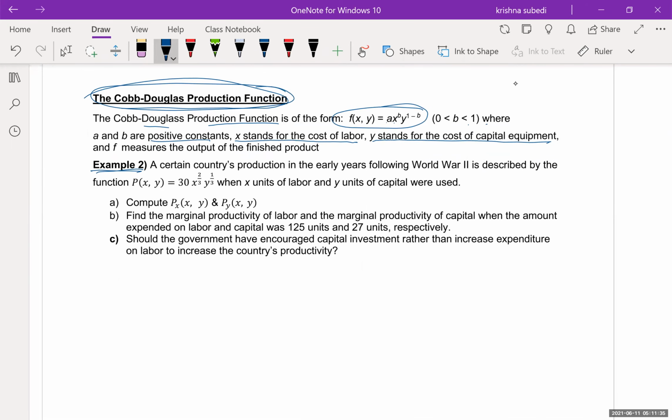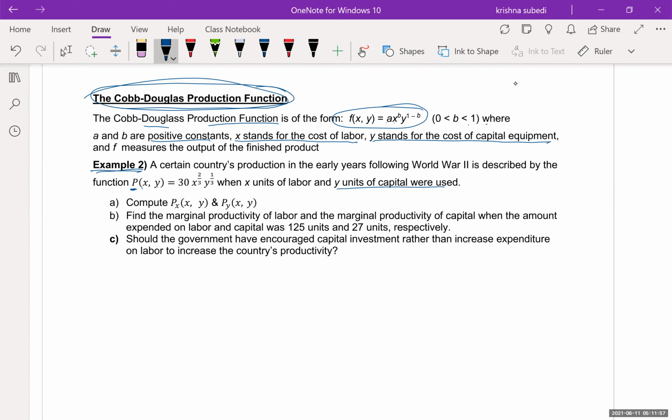And here is one example. A certain country's production in the early years following World War II is described by the production function P of x, y equals 30 x raised to power 2 over 3, y raised to power 1 over 3, when x units of labor and y units of capital were used.